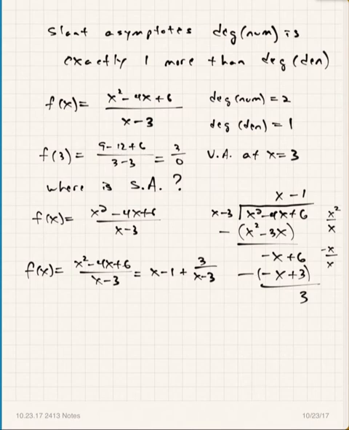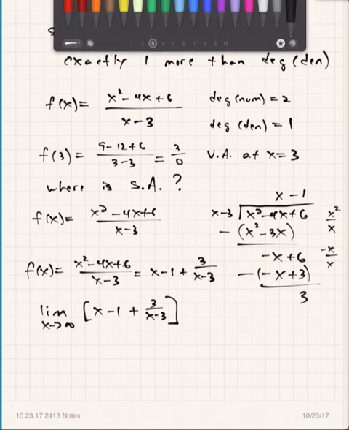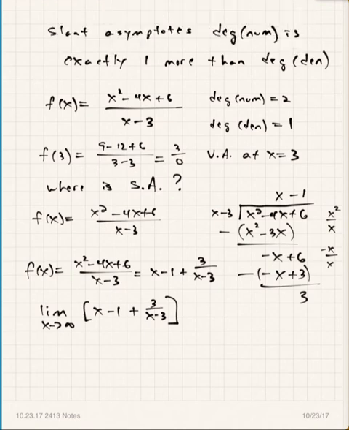And now what I want you to notice is the limit as x goes to infinity of the second way I wrote this function. You get one of those little fractions in there at the end, that 3 over x minus 3. As x is going to infinity, you get 3 over infinity. That is going to 0.